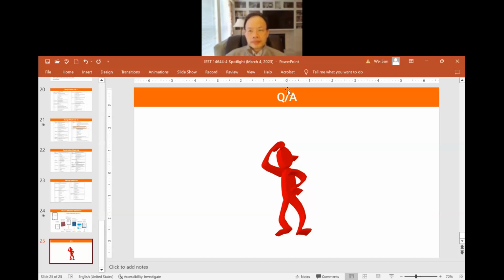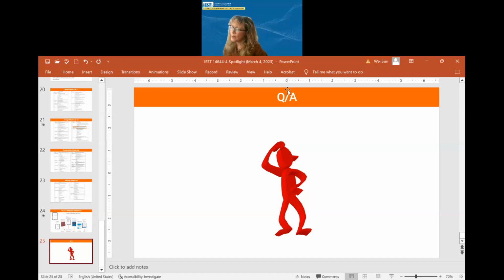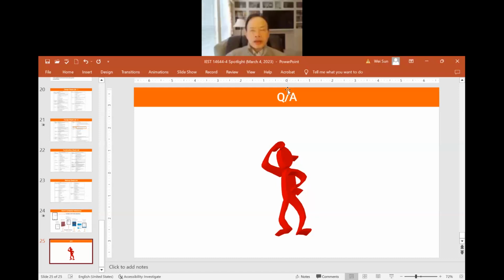Okay, thank you. And then I did receive a question in the chat box. It says, is there any information in there about source strength from equipment? That's a good question.